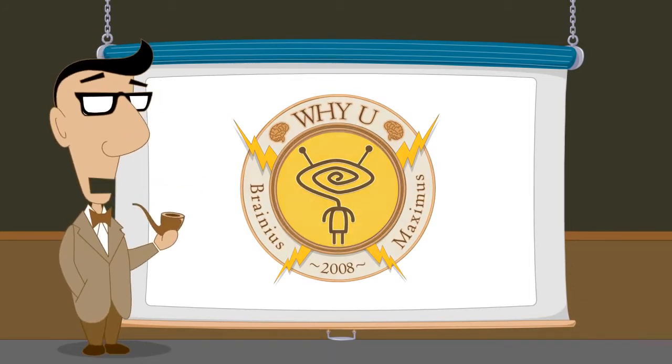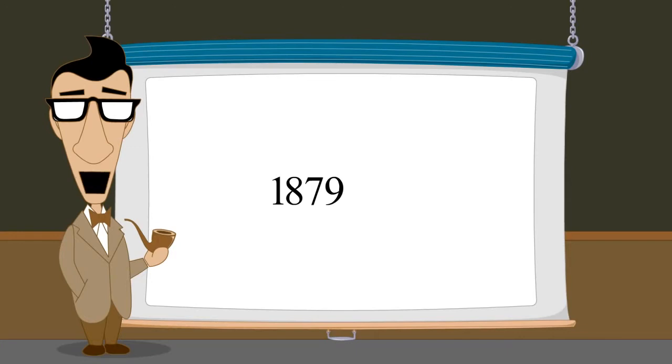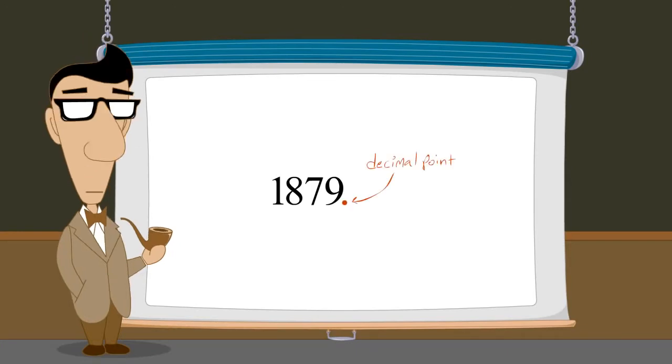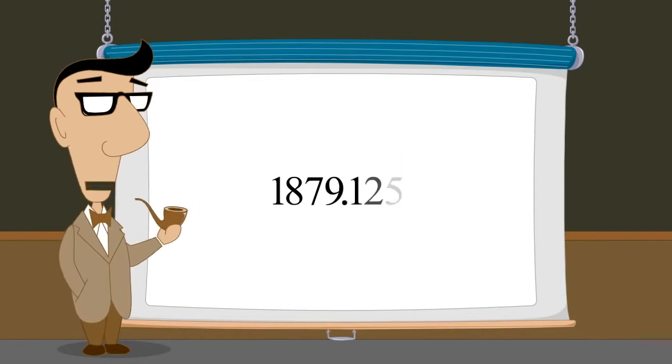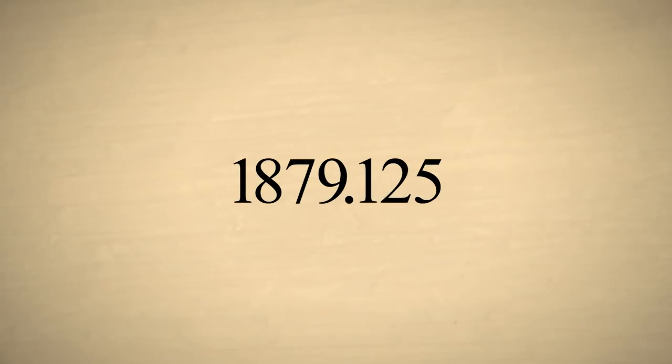In our lecture on the decimal number system, we saw that decimal numbers can represent fractional quantities by adding a decimal point to the right of the ones digit, followed by any number of digits. Multiplying a decimal number by 10, which can also be written as 10 to the first power, increases the value of each digit by a factor of 10, shifting the digits one column to the left.